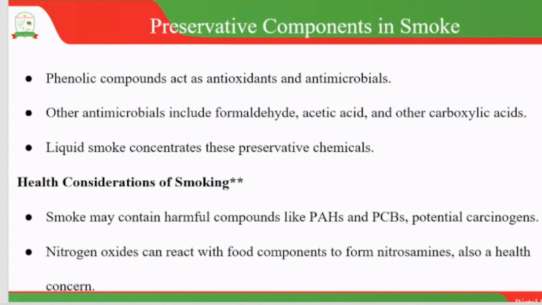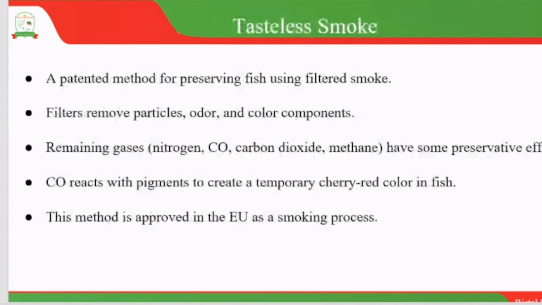Liquid smoke concentrates these preservative chemicals and is used in cases where we are not able to get the smoke. So what are the health considerations of smoking? Smoke may contain harmful carcinogenic compounds that could lead to cancers. Nitrogen oxides can also react with food components and form nitrosamines, which are a health concern to an individual.